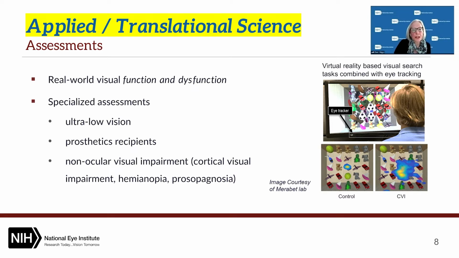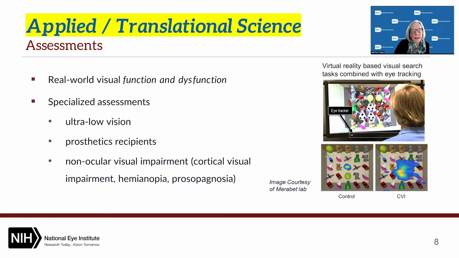In addition, there's work addressing the need for specialized assessments for patients with ultra low vision, prosthetic recipients, and non-ocular visual impairment. So, for example, the figure on the right comes from Lotfi Merabet's lab. And as part of a general research effort, he's developed assessments of the spatial processing deficits that are seen in kids with cortical visual impairment.